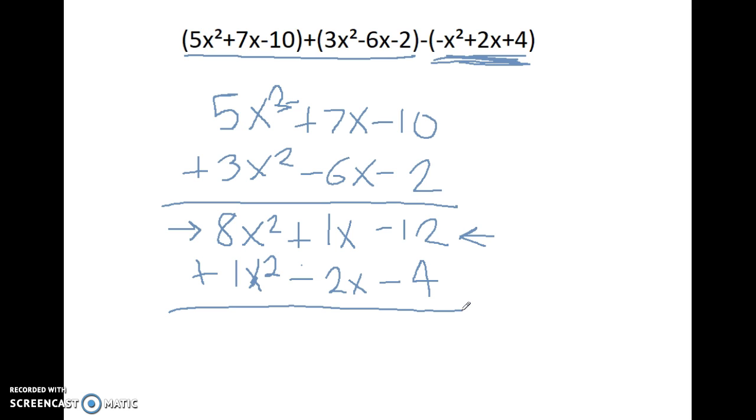So we have negative 12 minus 4 is negative 16, positive 1x minus 2x is negative 1x, 8x squared plus 1x squared is 9x squared.